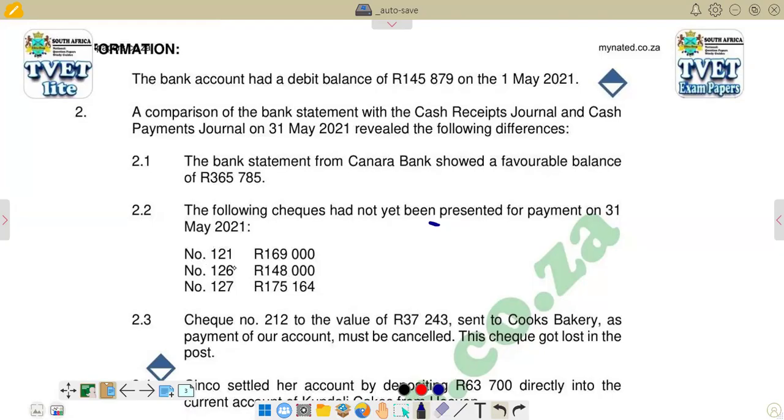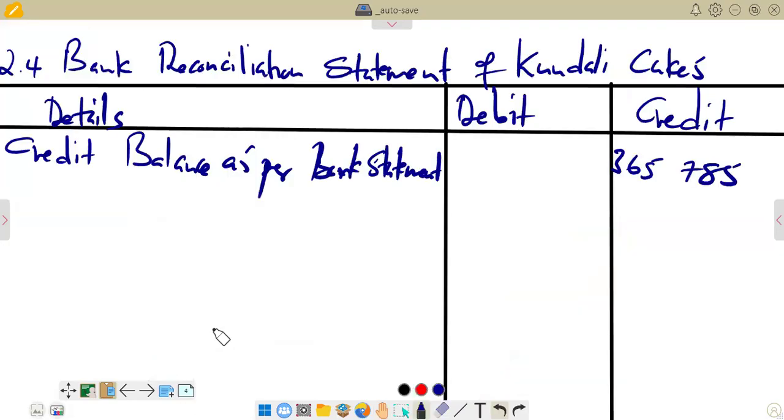So we're going to pick check number 121, 169,000, and then check number 126, 148,000, and then check number 127, 175,164 rand. All of these go to the debit side of the bank reconciliation, and we summarize them as debit outstanding checks.